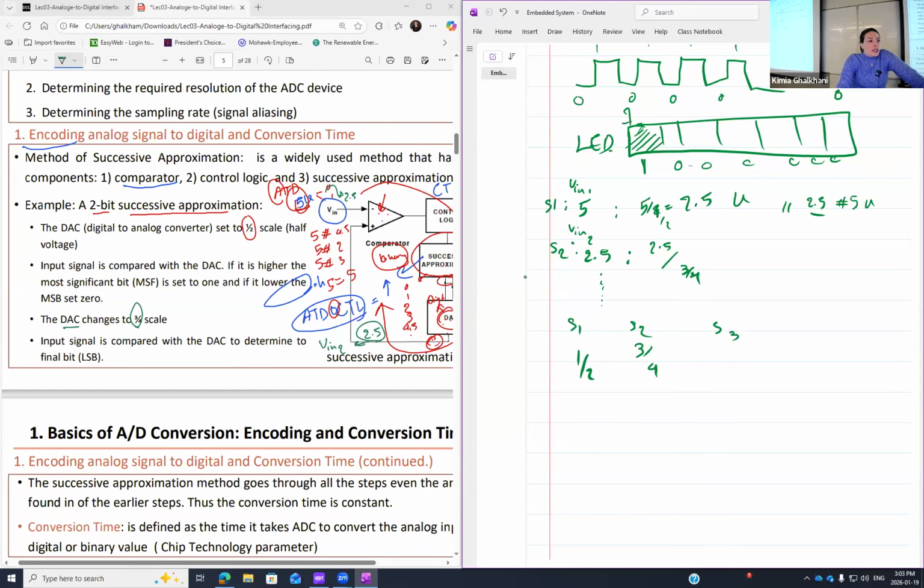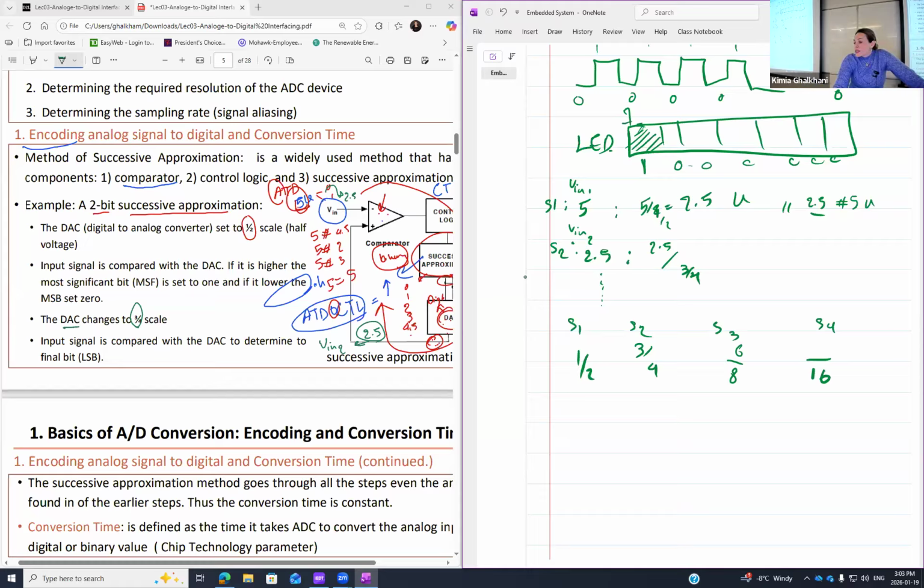There is a pattern in there. What would be the next step? 6 over 8. The next step is going to be 8. Well, how about next? 16.